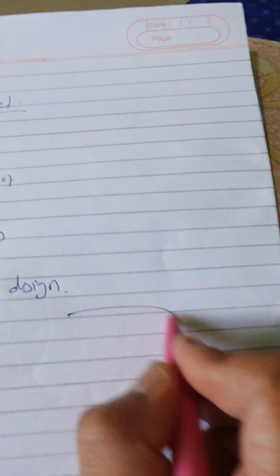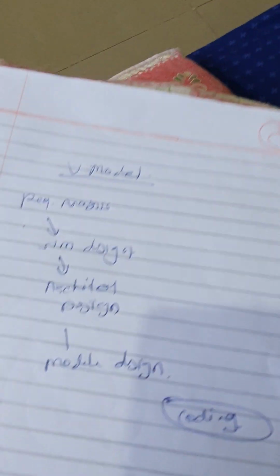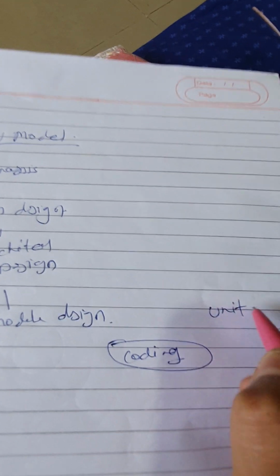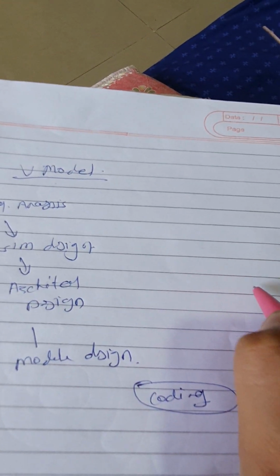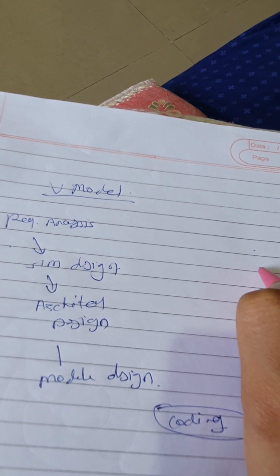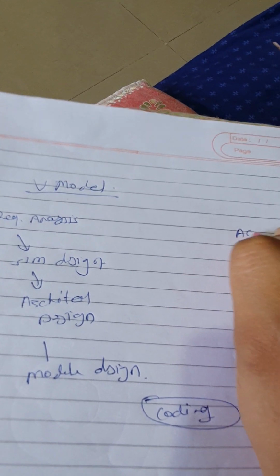Here is the coding phase, and here unit testing, integration testing, system testing and acceptance testing.